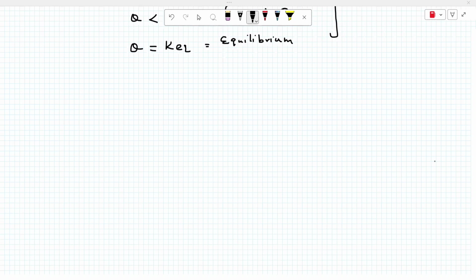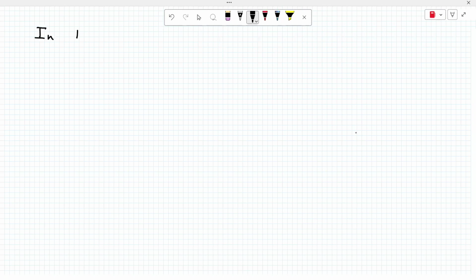Please know, in thermodynamics, what is the formula?